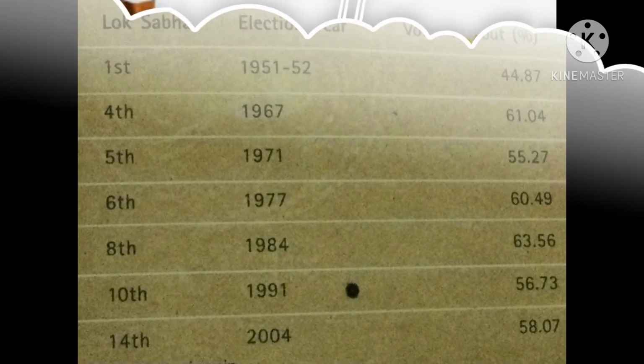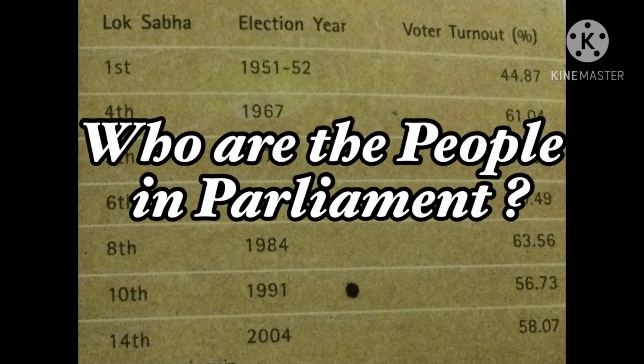Got it? Now we are going to see about who are the people in parliament. See children, the parliament has more and more people from different backgrounds, right? Yes, there has been an increase in political participation from the Dalit and the backward caste and the minorities. So some seats are reserved in the parliament for SCs and STs. Yes, reservation is there.